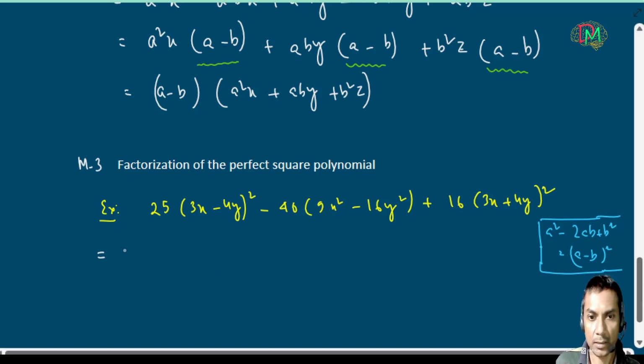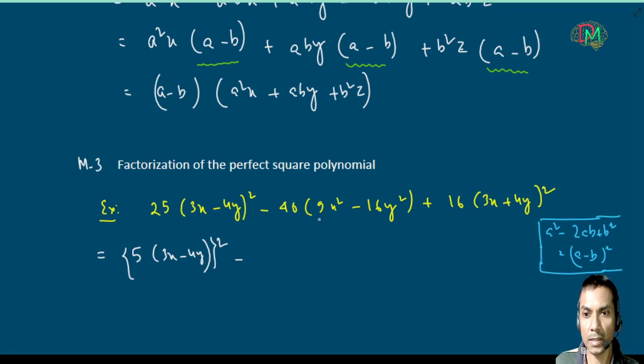So what will be next? We can write it as 5 (3x minus 4y) whole square. Clear? Minus, here also we can take the common factor. You can jump one step, or you can do it like this: the next term is 4 (3x plus 4y) whole square.